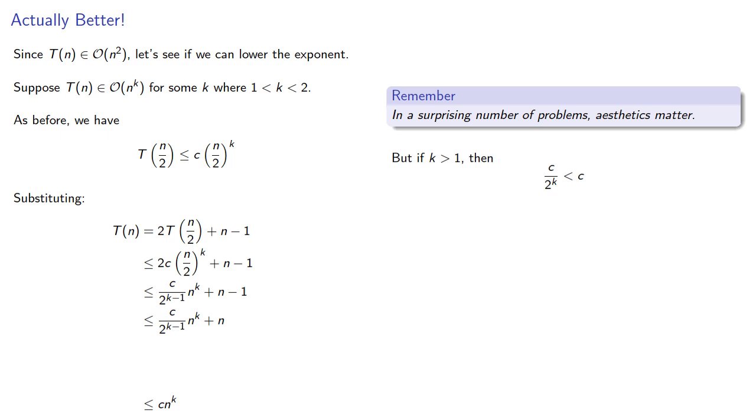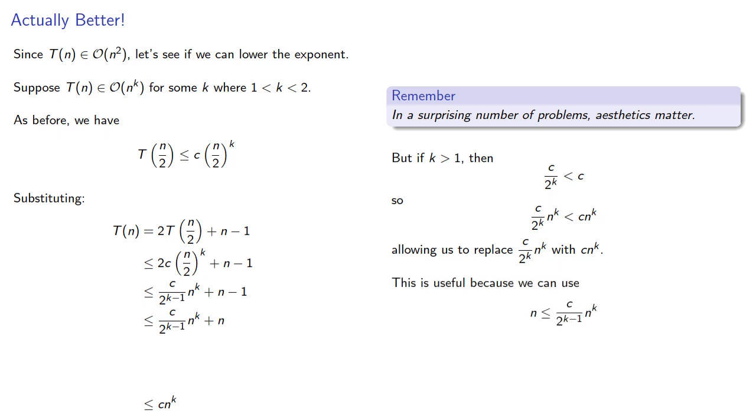So again, that allows us to have this, and this allows us to replace C over 2 to the k and k with Cn^k. This is useful because we can, at this point, replace that n with something definitely bigger. So we can continue our inequality and combine: less than or equal to Cn^k.